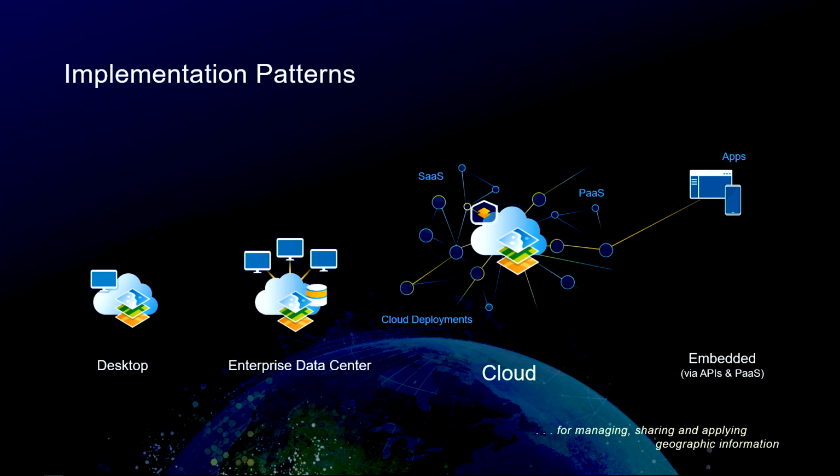There are multiple implementation patterns for utilizing ArcGIS, including the desktop pattern, the enterprise data center pattern, the cloud pattern, as well as the embedded pattern, where location-enabled apps are powered by ArcGIS APIs and services. The cloud pattern can be achieved using the ArcGIS SaaS and PaaS offerings, as well as by deploying cloud software.